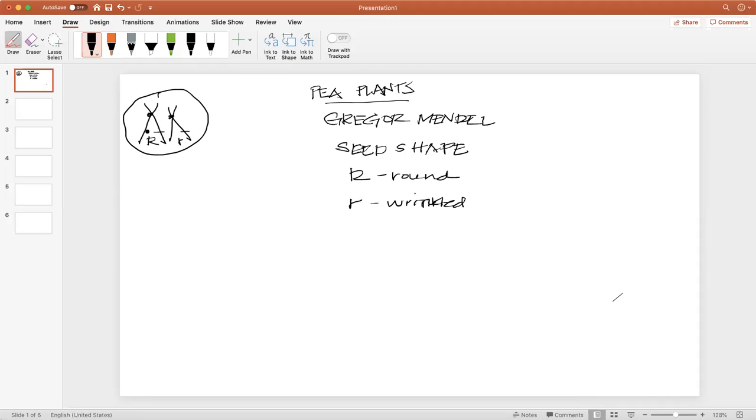So we have one gene for seed shape, but we have two different forms of the gene, and different forms of the same gene, I'm hoping that you remember, are called alleles. Okay, so we have two different alleles.